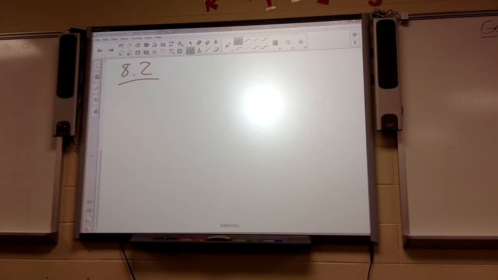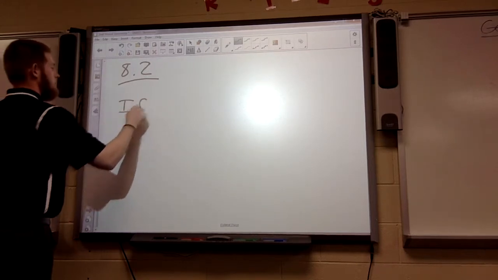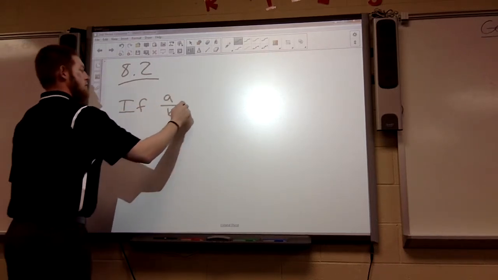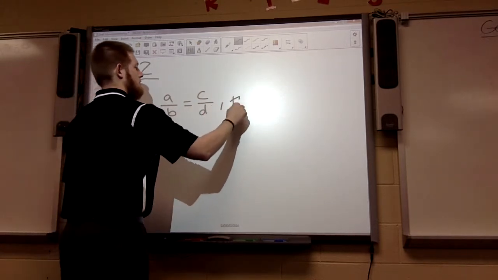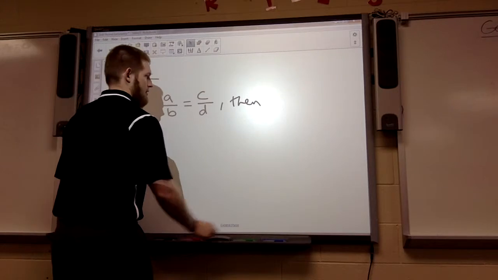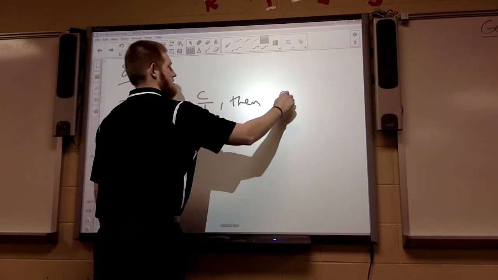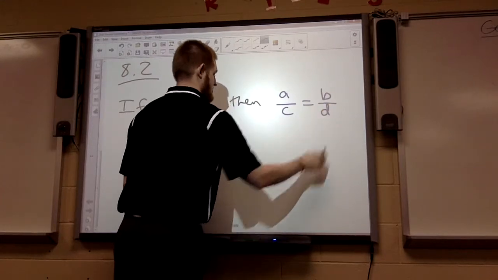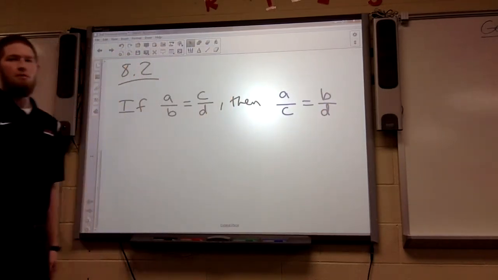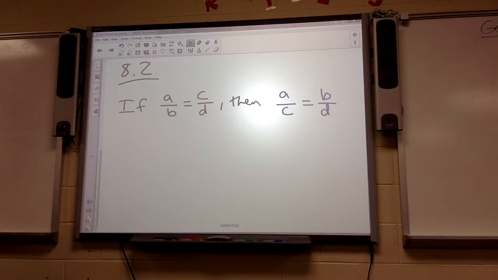Okay? So the first property of proportions I have is that if A over B equals C over D, then A over C equals B over D. Basically, if you flip it, it's still the same.